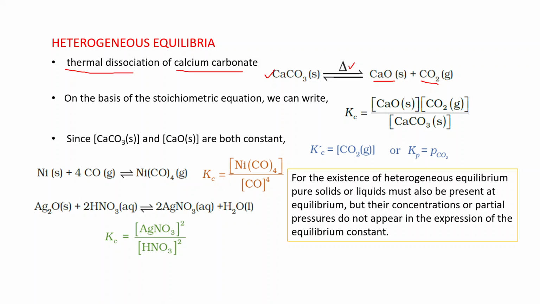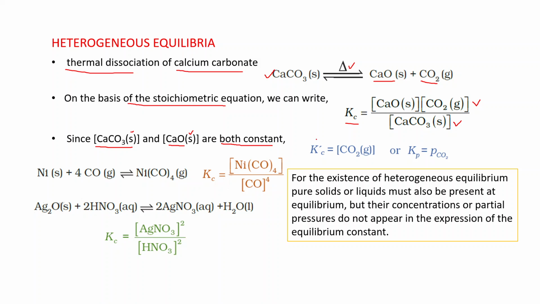This is a reversible reaction. When we write Kc on the basis of the stoichiometric equation, in the numerator we write the concentrations of products, and in the denominator we write the concentrations of reactants. But the concentration of CaCO3 solid and the concentration of CaO solid are both constant.